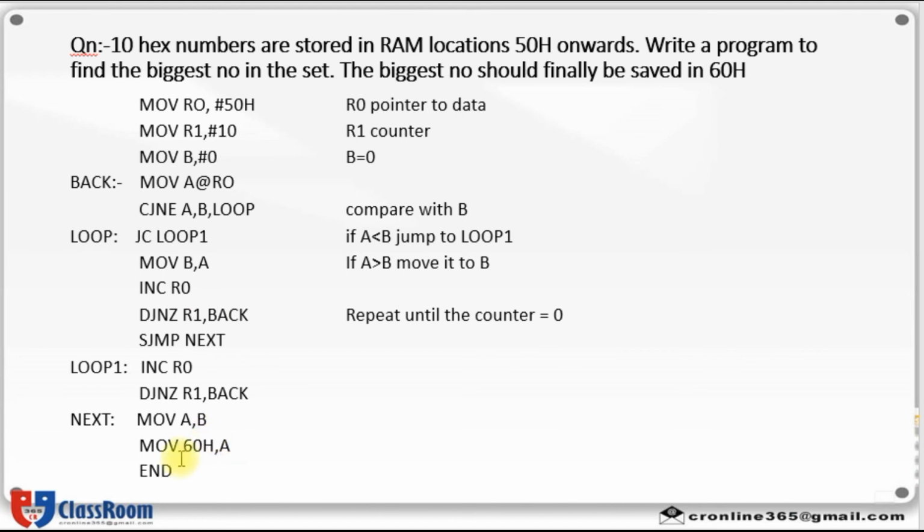That highest number you can transfer to the 60H address location. You can try it with 5 numbers, or you can try it with 3 numbers. By writing 3 numbers, you can easily find the result for this program. This program is an application for jump on carry, CJNE as well as DJNZ.